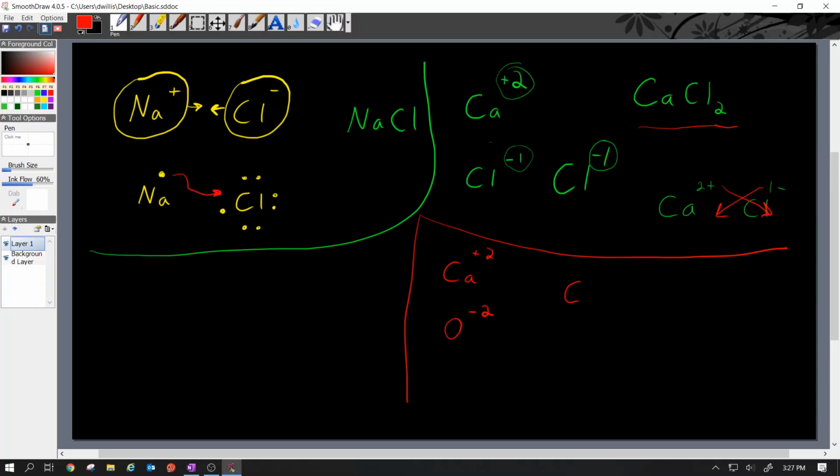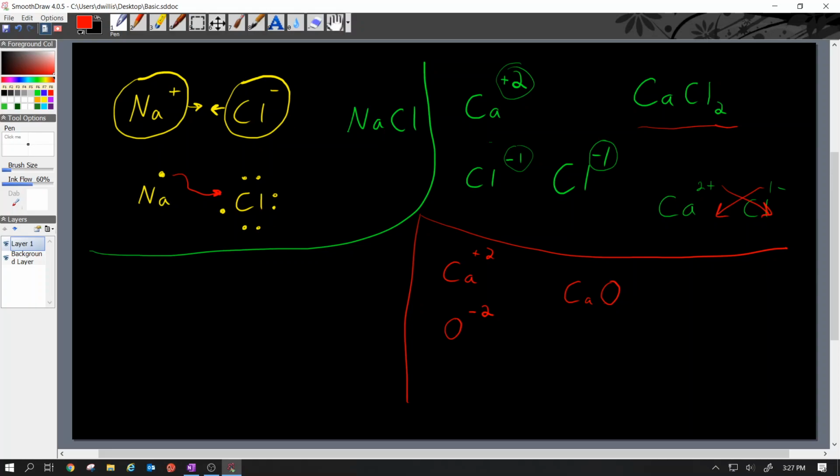Equals 0. So would that be Ca2O2? No, we don't need 2 of each. Wouldn't that equal 0 though? I remember that from math. It's just going to be CaO, because this donation of 2 electrons exactly meets up with this need for 2 electrons. It is a match made in heaven.